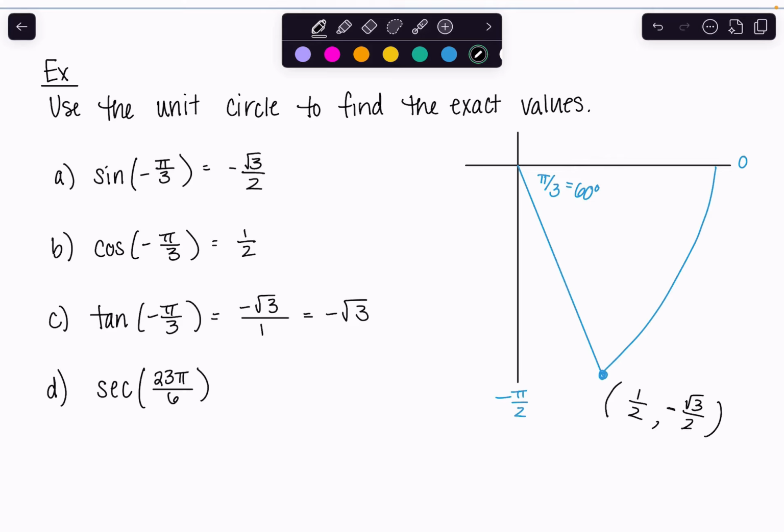But in the next example, having it be 23 pi over 6, that's a little more difficult. However, again, I'm just going to focus on finding cosine of this angle, because remember, secant is 1 over cosine. So if I can find cosine of 23 pi over 6, then I'll know secant.